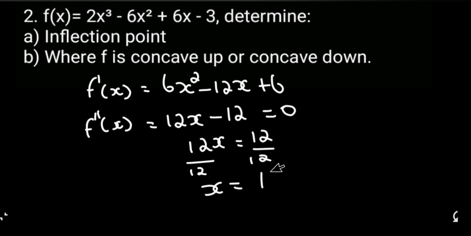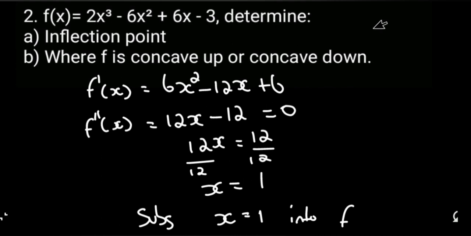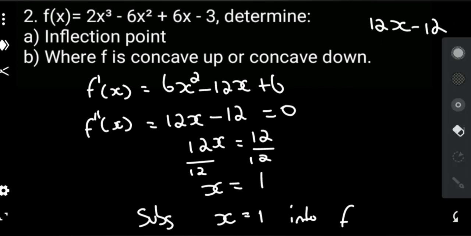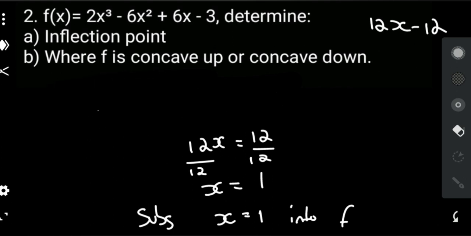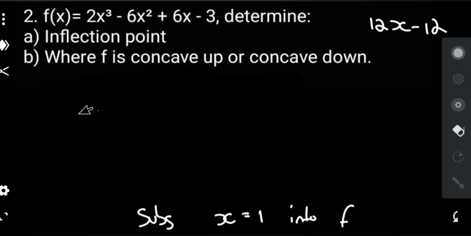This is the x coordinate of the inflection point, and we substitute x is equal to 1 into f. Let me erase here, and remember our second derivative is 12x minus 12. We need to substitute x is equal to 1 into f of x.